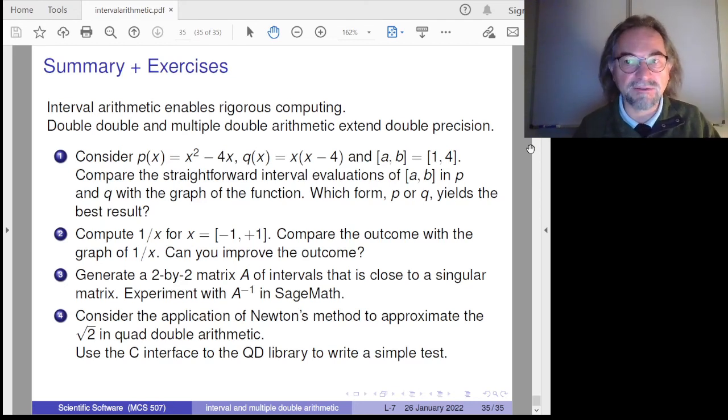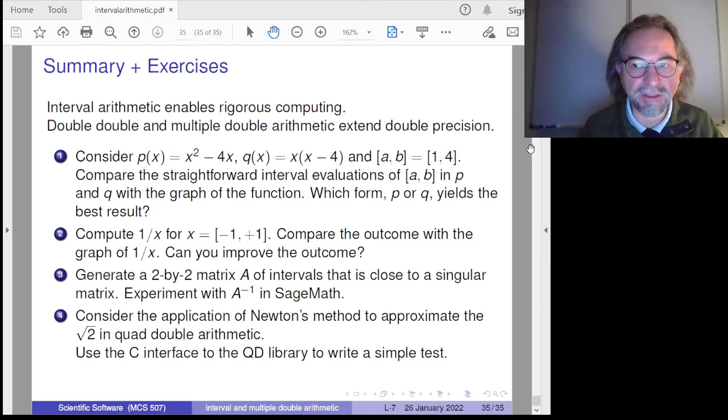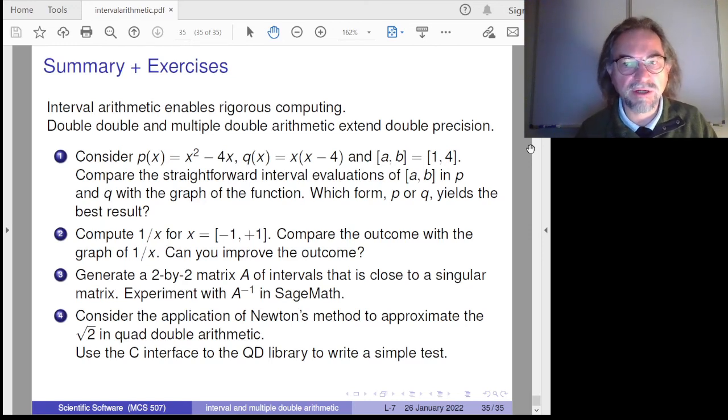If you have a singular matrix, and you can make one that is very close to a singular matrix, the singular value decomposition is useful there, then you will see that your intervals will need to be quite small. So the purpose of this third exercise is to make the relationship between the condition number of a matrix, how far you are from a singularity, and what this interval inverse gives you.